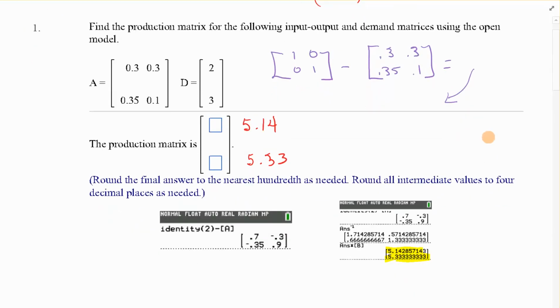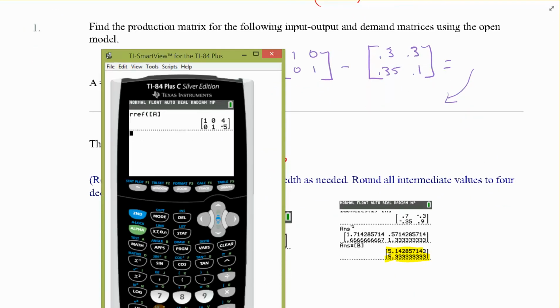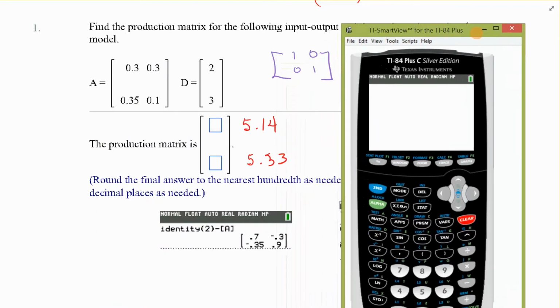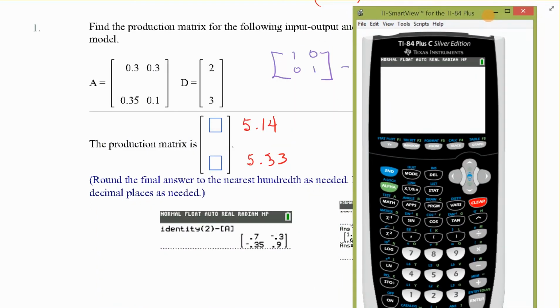So let's do this on our calculator so we go through the whole thing. So we'll clear, and we'll get this over here. I think you can see that. So I need to put A and D in my calculator. So we'll go over here, and we need a 2 by 2.